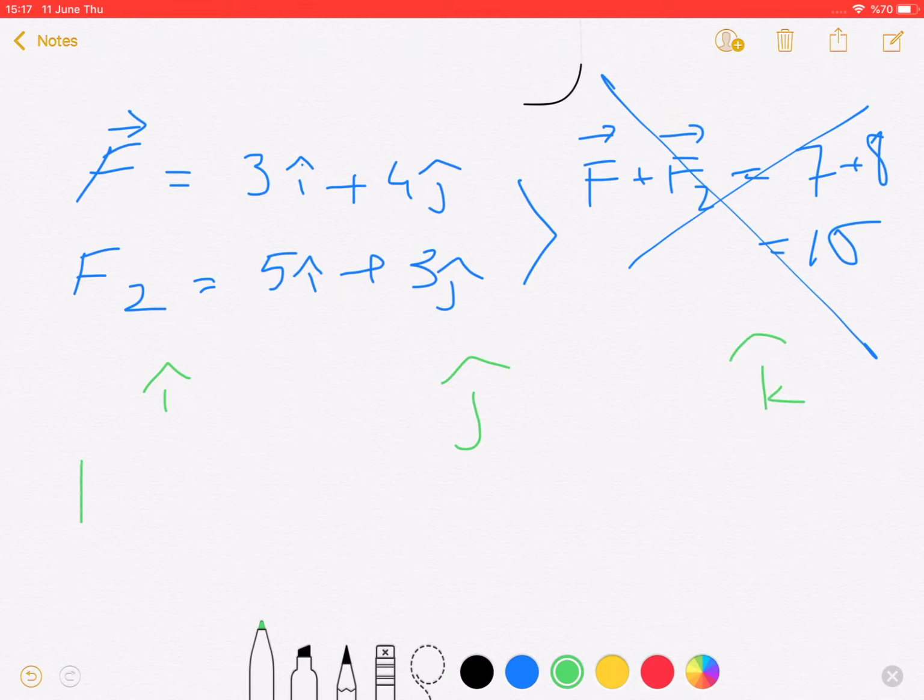All of them have a magnitude, which means, by the way, for those who don't know this, the magnitude is equal to 1, all of them.